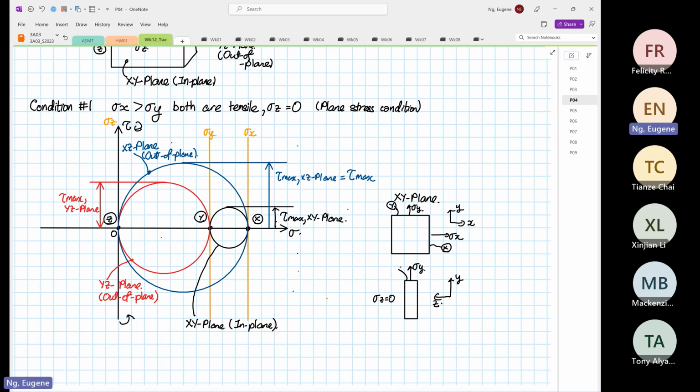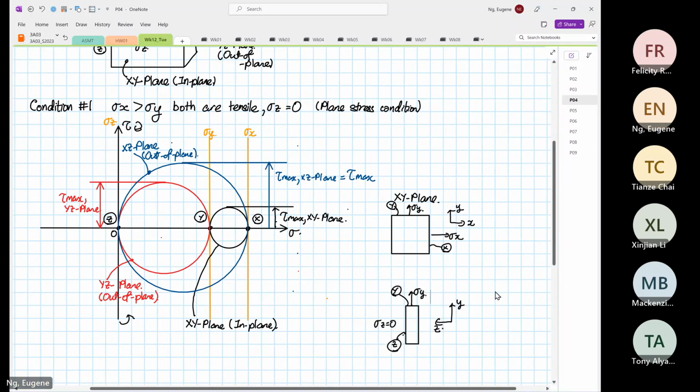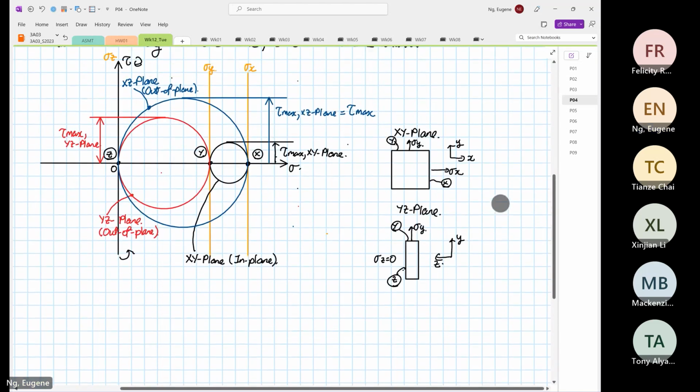So this is our point Y, and this is our point Z. So when you join Y and Z together, we are looking at the YZ plane. That's why when we draw this circle, it belongs to the YZ plane.